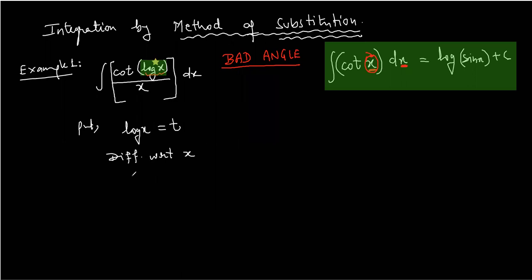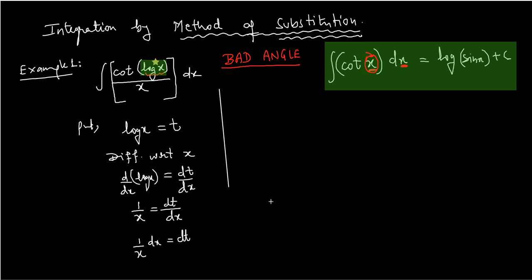So you get d by dx of log x equals d by dx of t. What is d by dx of log x? 1 upon x, and here you have dt by dx. So this dx I multiply onto the left hand side, so it becomes 1 upon x dx equals dt. 1 upon x dx is dt.